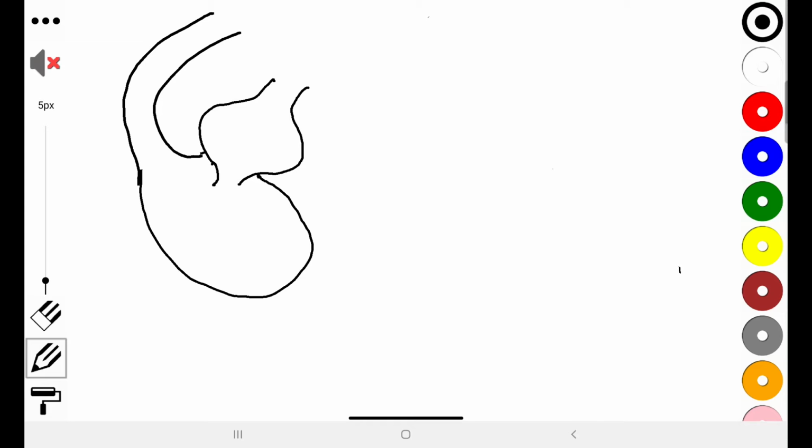So at rest, the atria has a higher pressure than the ventricle. It's about 8. So let's just get writing. You have about 8 millimeters of mercury. This is at rest, okay? And then in the ventricle, you have about 0.